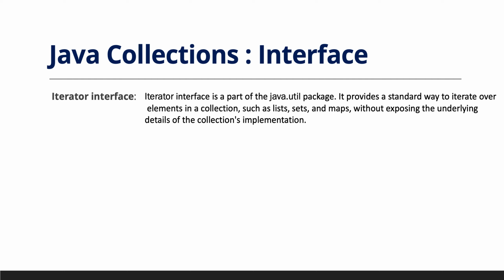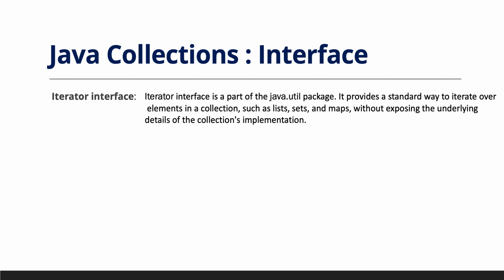So basically, how can we iterate over collections or any kind of array, LinkedList? Basically, the Iterator is used to iterate over a collection, such as list, set and map. Map is not part of the collection hierarchy, but it is also a kind of collection. We will see in detail. Okay.